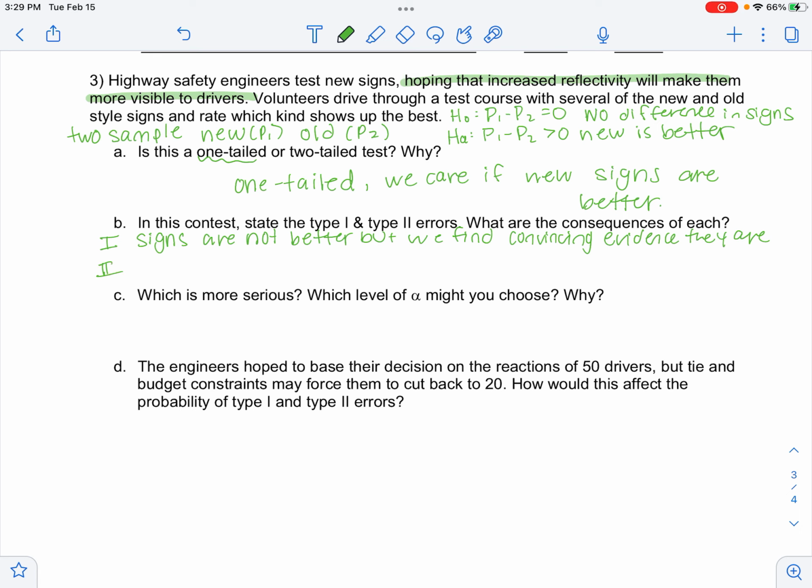And a type 2 is that signs are better, you could write new there, but we do not find convincing evidence they are.